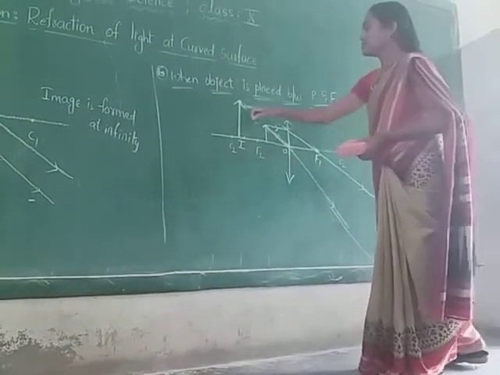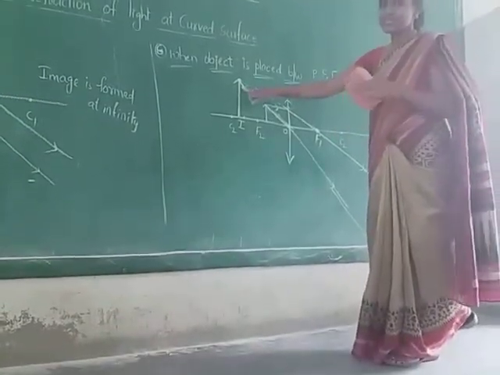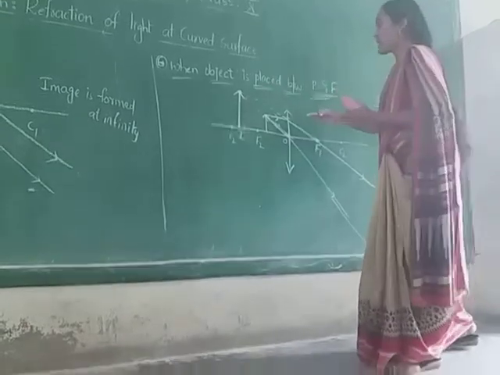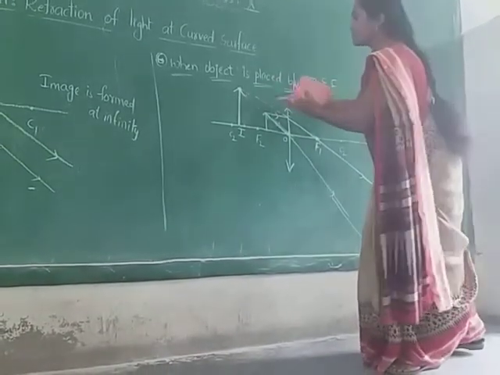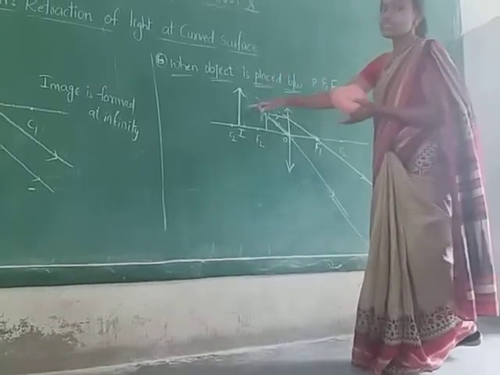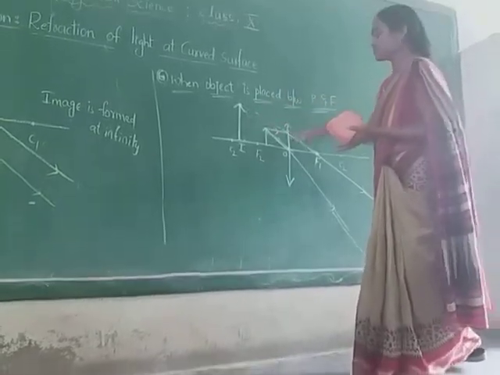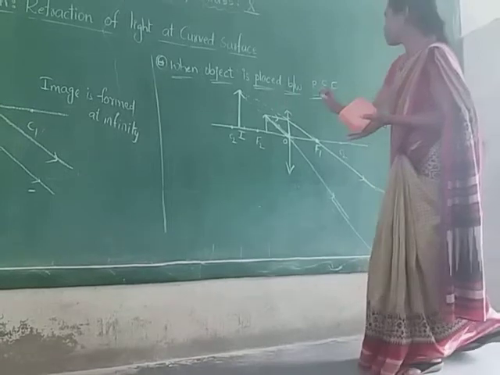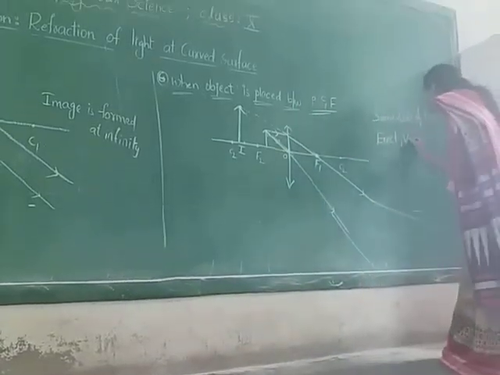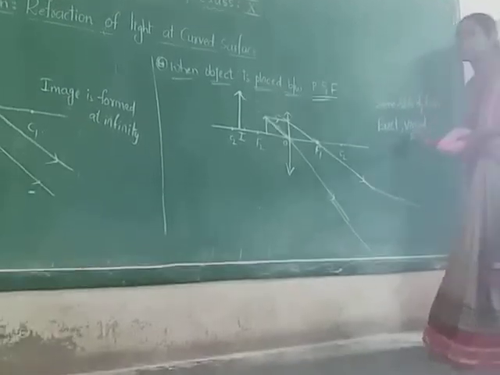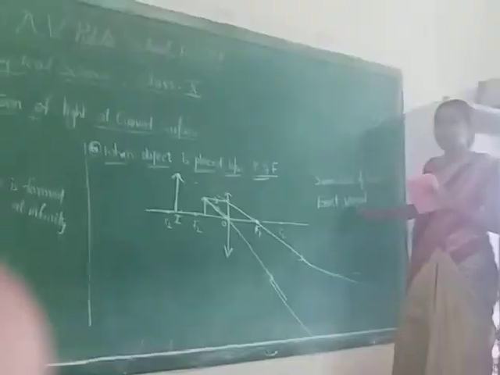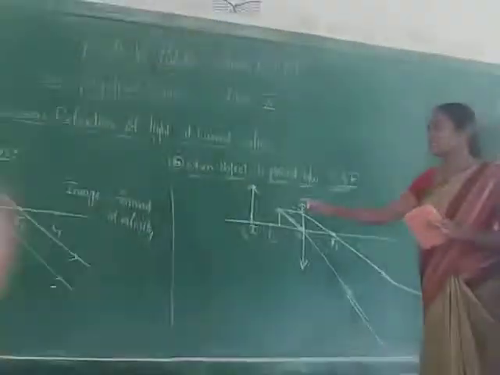And this is not formed due to actual intersection of light rays. We assumed the formation of the image, so we have extended the rays. The image formed due to extended refracted rays is a virtual image. So here a virtual image is formed. The image is said to be virtual when it is formed due to the intersection of extended rays.